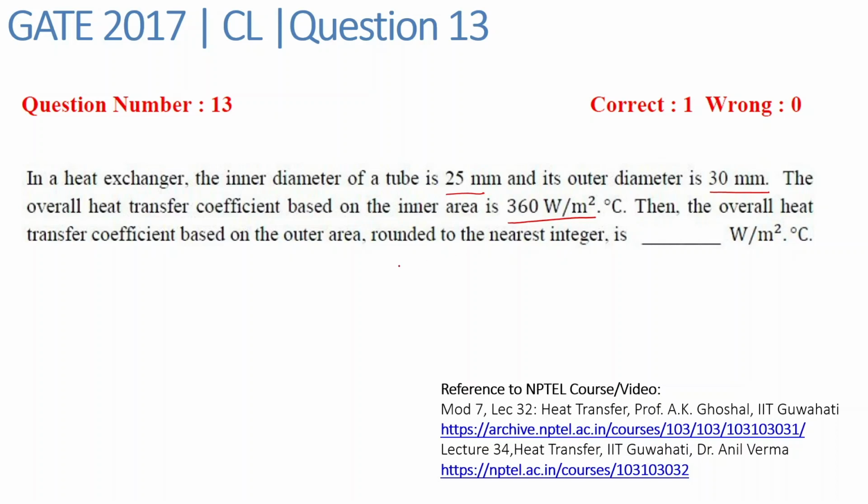Then the overall heat transfer coefficient based on outer area rounded to nearest integer is dash. So in this question we have been given a heat exchanger and the corresponding dimensions of the tube as well as the outer tube, and we have been given this overall heat transfer coefficient based on the inner area, and we have been asked to find the overall heat transfer coefficient based on the outer area.